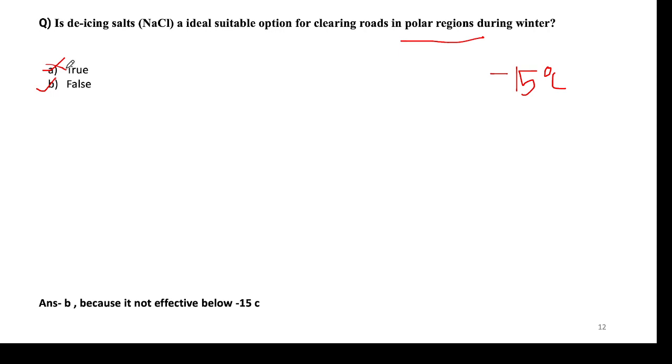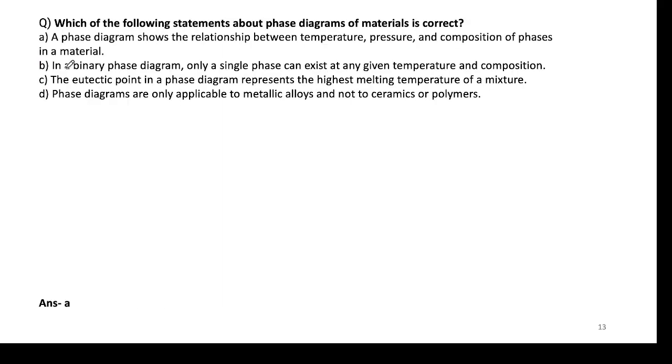So that's why NaCl is not recommended. Other compounds which are less corrosive, less expensive and more effective at lower temperature are always recommended. Okay, nice learning. Let's move forward to the next question.